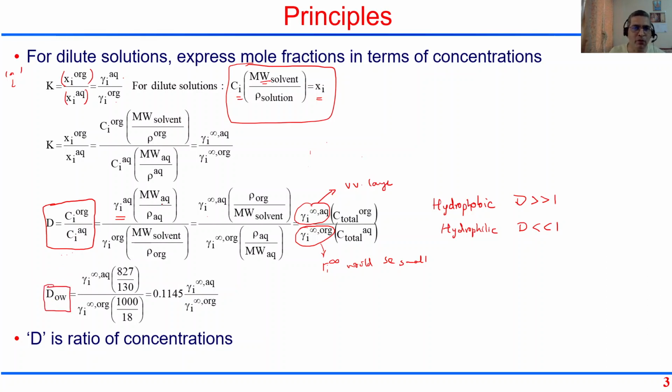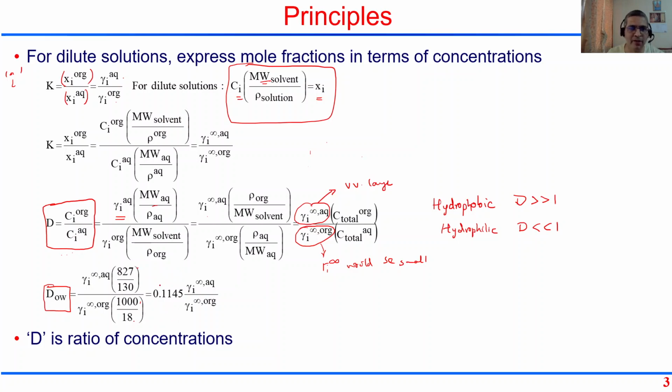And if you use the molecular weights and densities, in this case this is water, and this is the organic solvent, octanol, right? Density is 827 kg per meter cube and molecular weight is 130 for octanol; density is 1000 kg per meter cube and molecular weight is 18 for water.